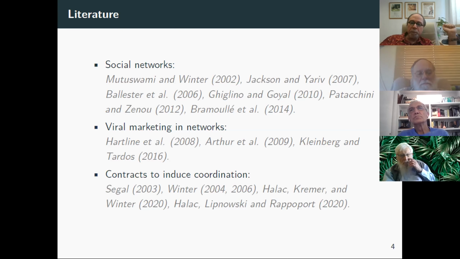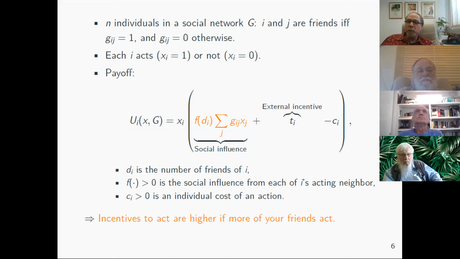We start with a network, a graph, which means nodes and arcs. An undirected graph. I'm going to denote Gij equal 1 when there is a link between i and j, and Gij equals 0 when there is no link.